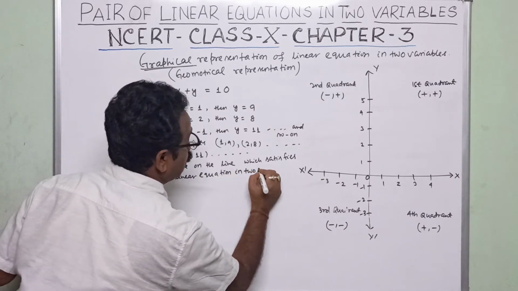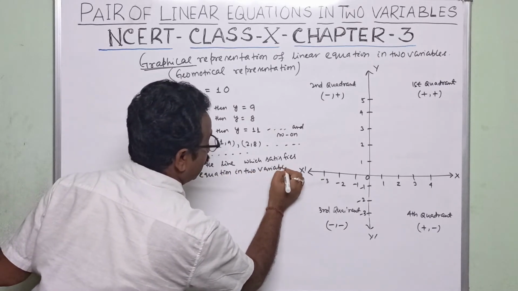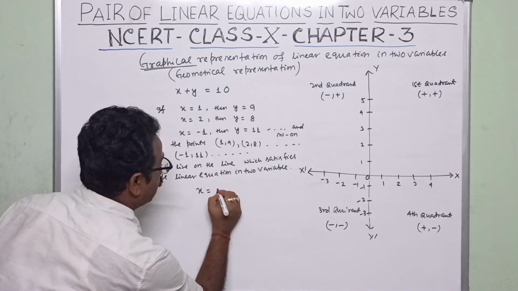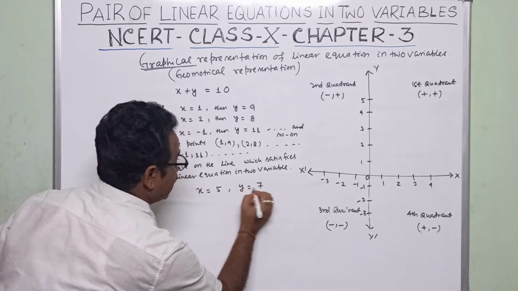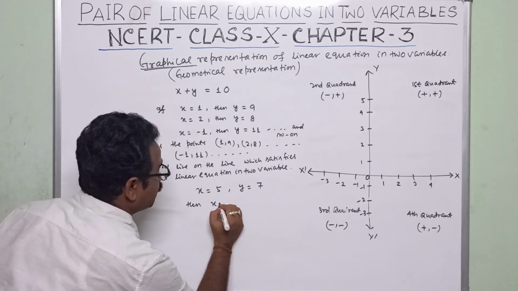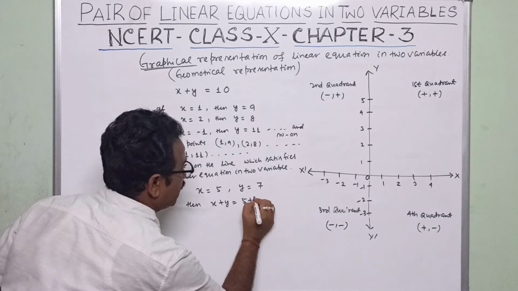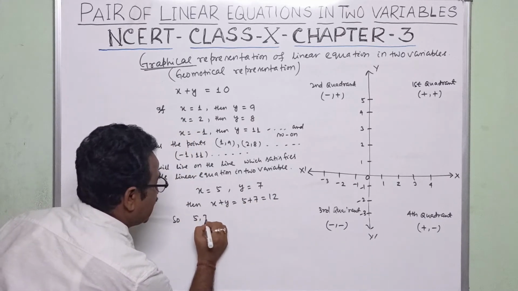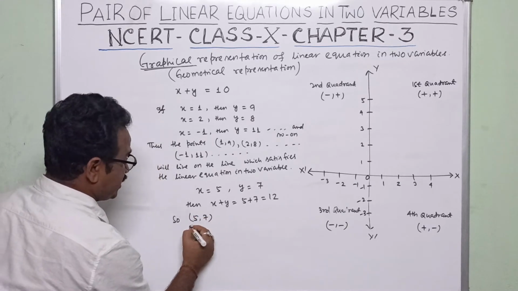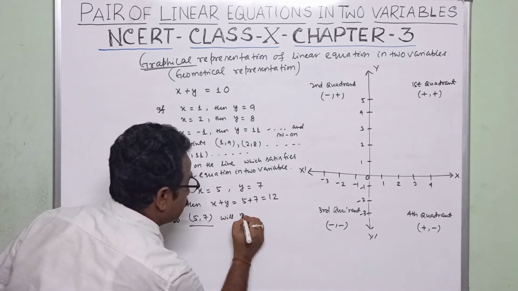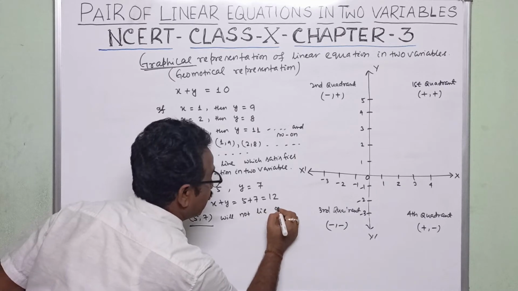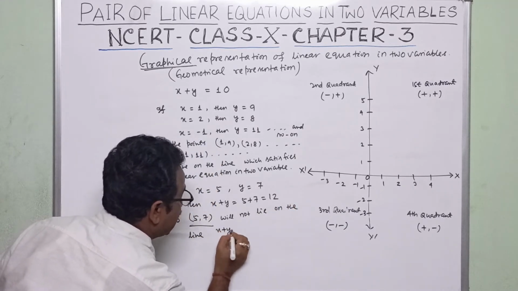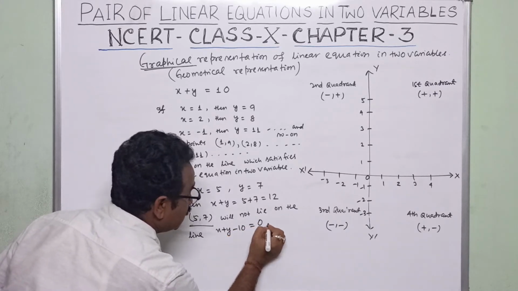in two variables. If we take x is equal to 5, y is equal to 7, then x plus y will be 5 plus 7, which is equal to 12. So (5, 7) is a point that will not lie on the line x plus y minus 10 is equal to 0.